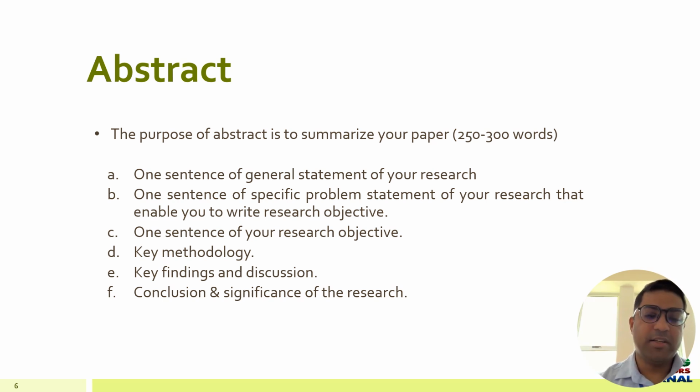You should start writing your abstract with one sentence of general statement of your research, what your research is all about, or something very general related to your research, right? This is followed by one sentence of specific problem statement of your research, which should pave the way for you to write the next sentence, which will be your objective, right?